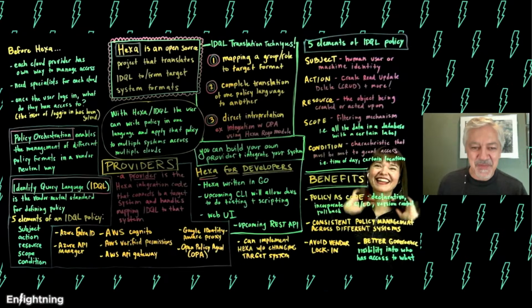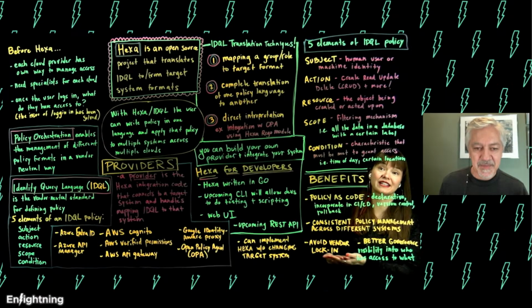Once you're in, each cloud provider still has a different way to manage what resources you can access and what you're allowed to do with each resource. So you need within an organization a specialist for each cloud to define policy for each cloud. That was a problem, needing to navigate differently for each different system that an organization is using.